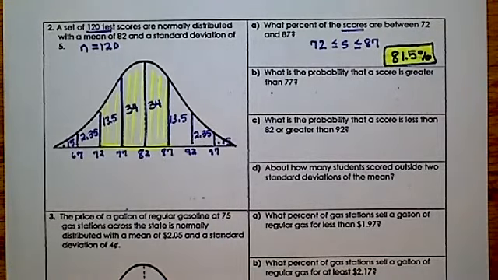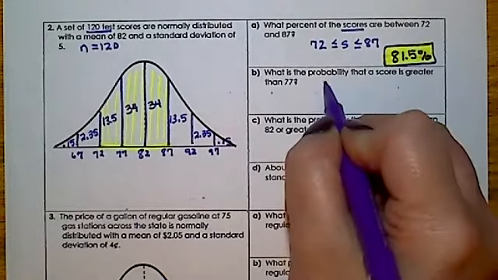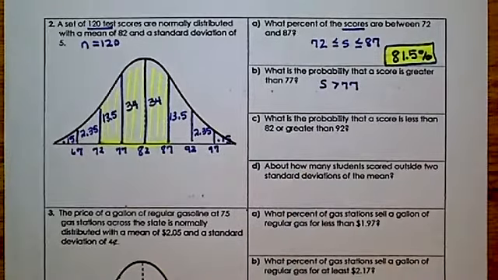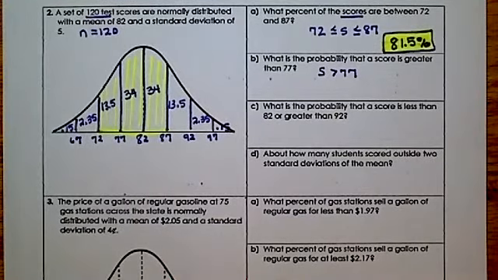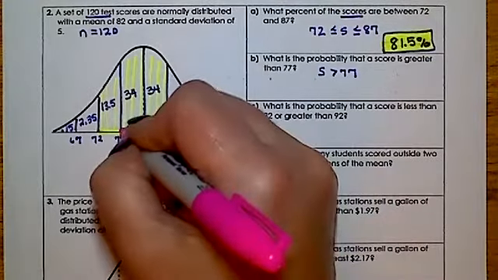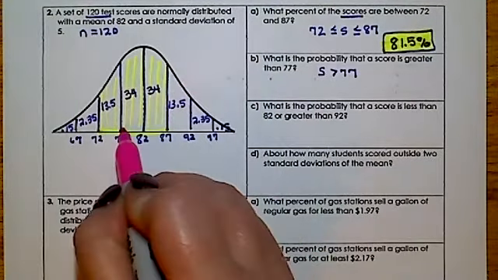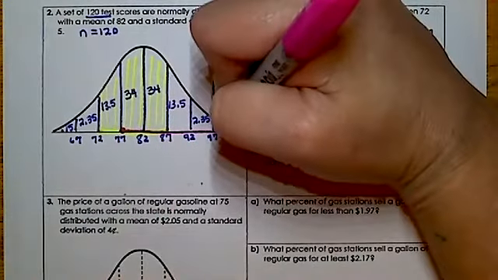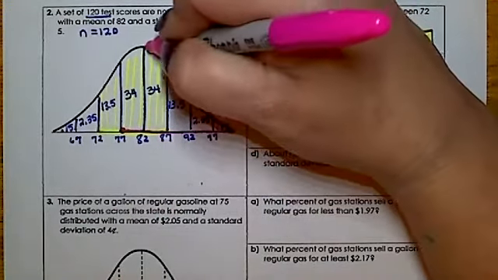Now we're looking for the probability that a score is greater than 77. So try to find the area to shade. Greater than, you would go to the right. So here's 77. I would be talking about everything to the right of that.